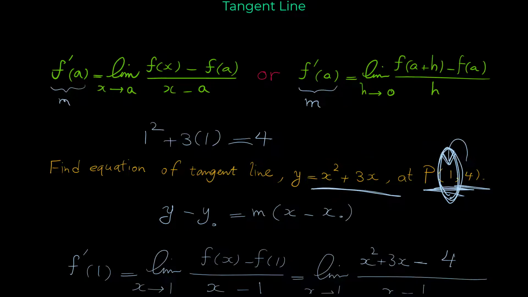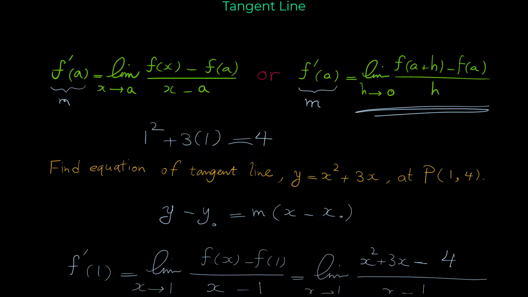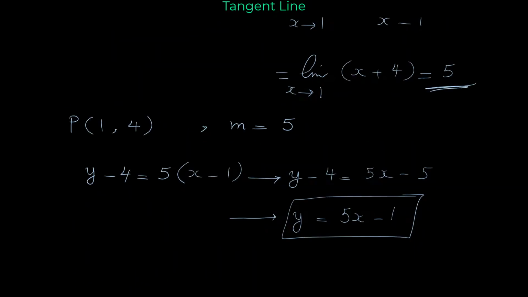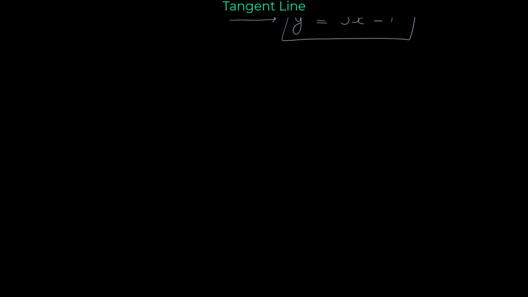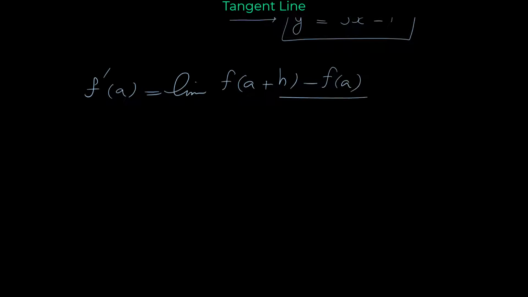Now let me show you how we can find the slope of tangent line with this formula. First, let me rewrite that formula here. f prime of a equals limit of f of a plus h minus f of a all over h as h approaches 0. In this case, we want to find f prime of 1.